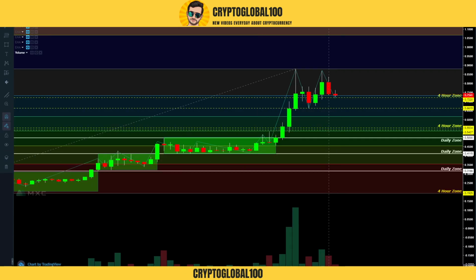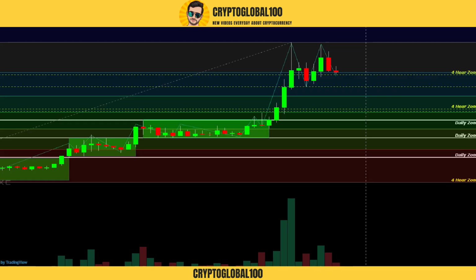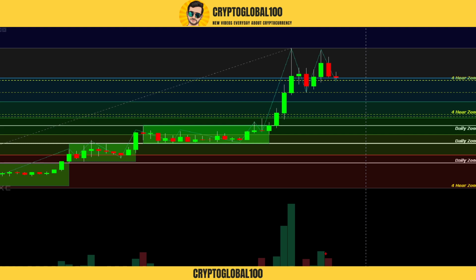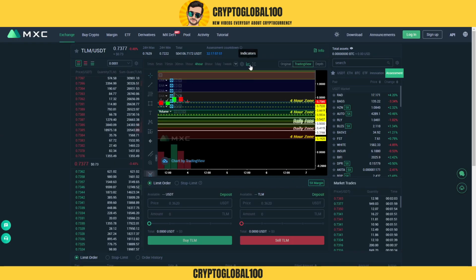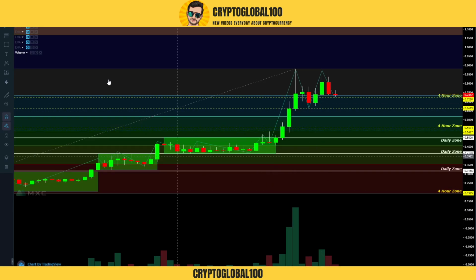Always have an eye on this volume bar down here. Right now the volume is not much, which means that the downward trend is not supported for now, and this is a good indication of a strong upward trend.